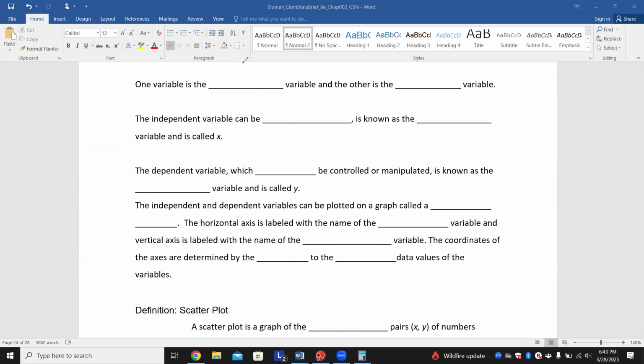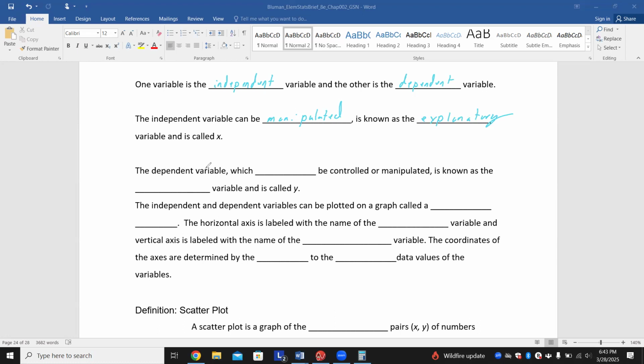So one of those variables is the independent variable, and the other variable is the dependent variable. The independent variable can be manipulated, as we saw in the first half of this chapter 2, and it is known as the explanatory variable and is called x.